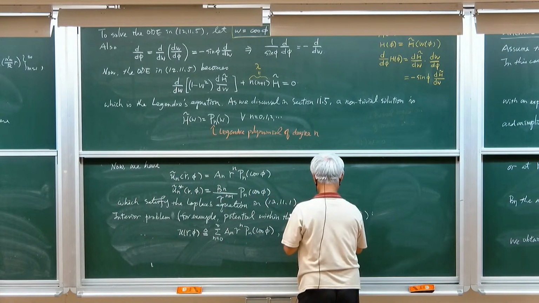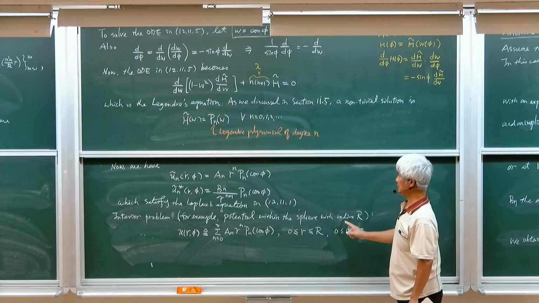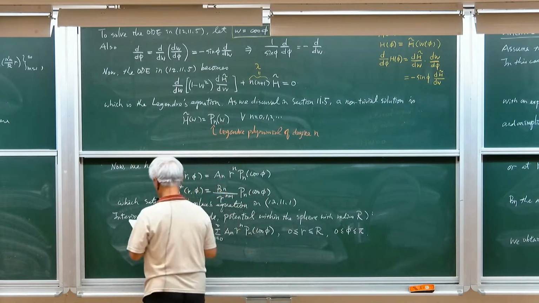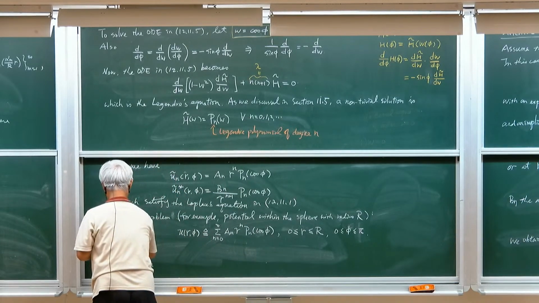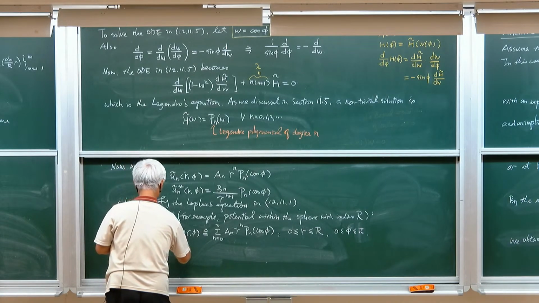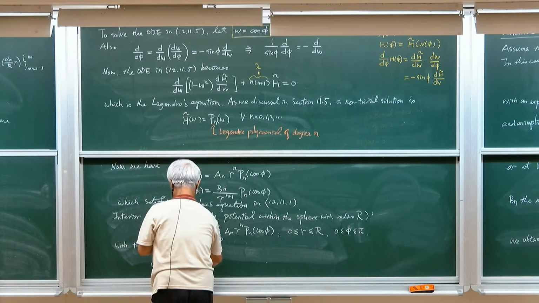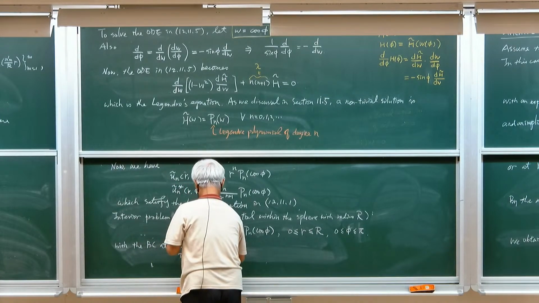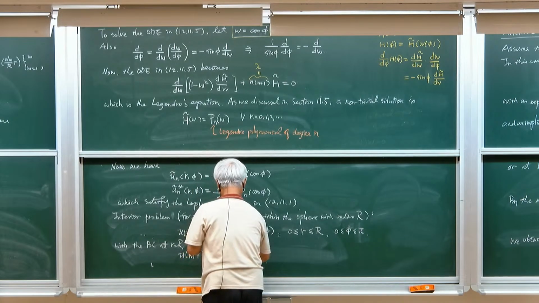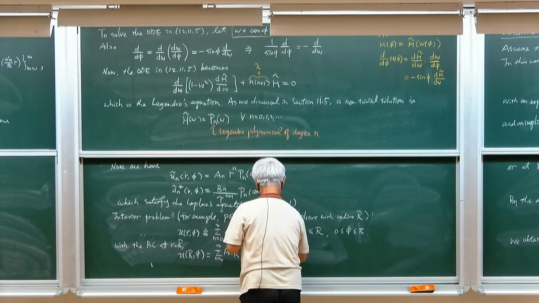And with the boundary condition at r equal to R there, so that is u of R and phi is equal to the sum of An R to the n Pn cosine phi equal to f of phi.